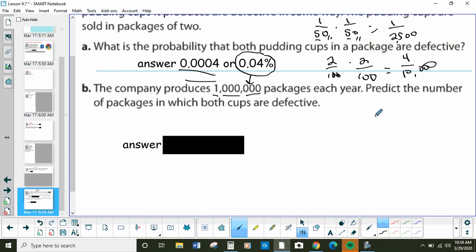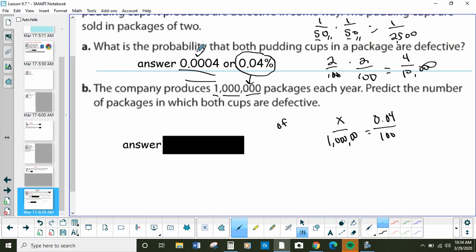Of course, we learned in class we can use percent proportion. If it's a percent, you can use percent proportion. Percent over 100 equals is over of. What is 0.04% of 1 million? Then we can cross multiply and divide. That'll work. Grab your calculator and work that out if you want to do it this way. But some of you know that "of" means times in math, so we just multiply. But be careful. When you multiply, you must convert your percent to a decimal.